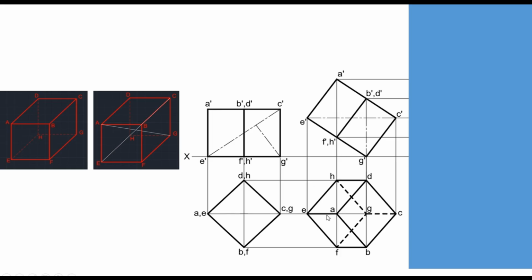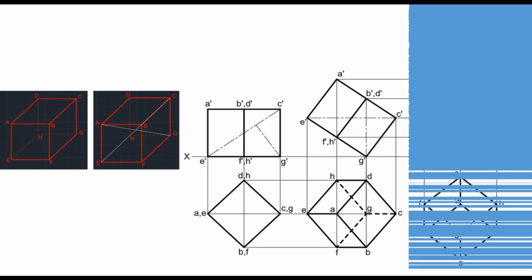So the solid diagonal CE is now parallel to XY. That means CE is now parallel to both HP and VP. In the front view you can see EC or CE is parallel to the XY line, that means parallel to HP. In the top view you can see CE is parallel to the XY line, that means parallel to VP.